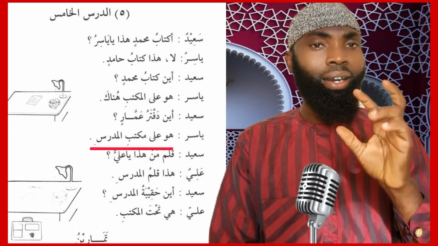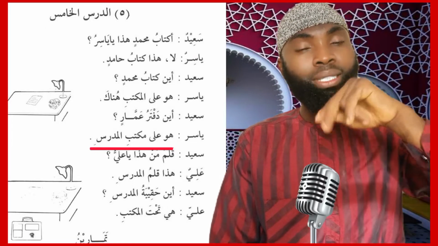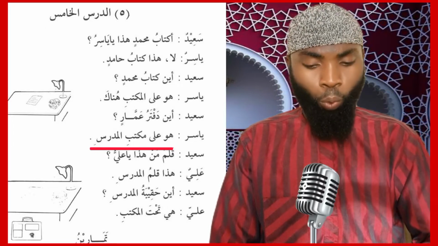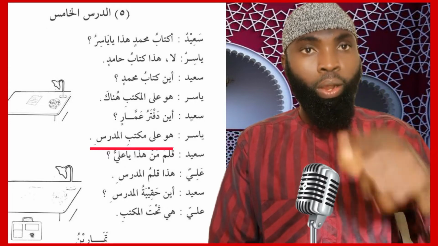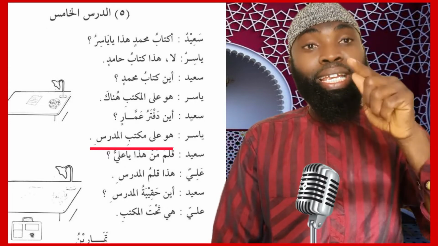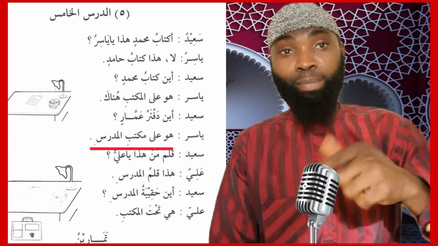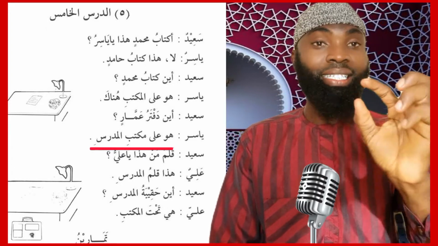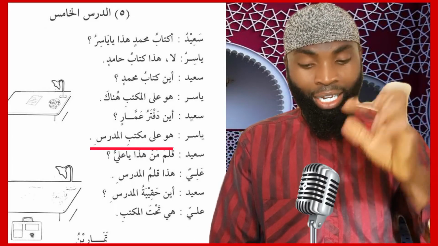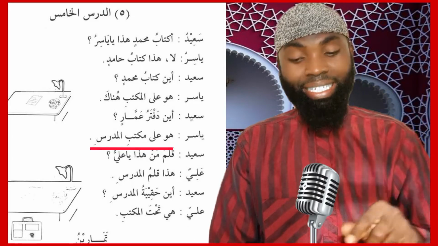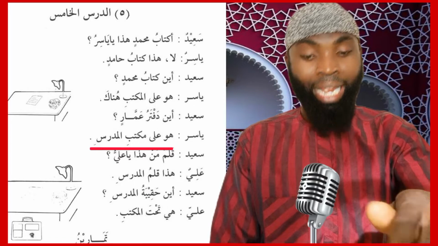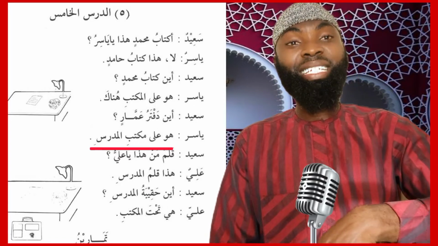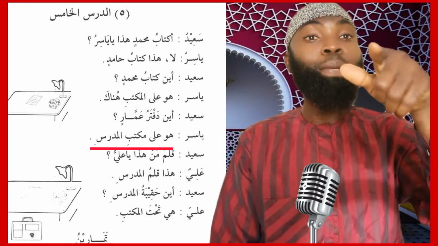Now we can see Maktabu ending with Kisra. This is because it has been preceded by a harfun min huruf al-jar, that is the preposition ala. So ala changes Maktabu to Maktabi. And Maktabu, being a mudaf, changes al-Mudarrisu to al-Mudarrisi.